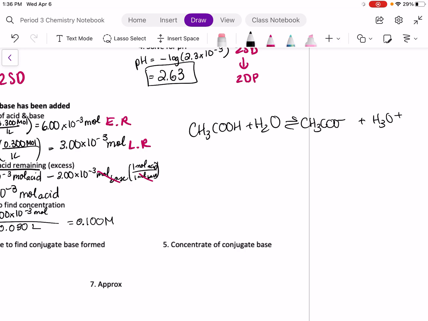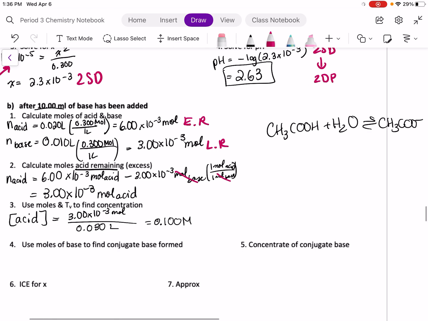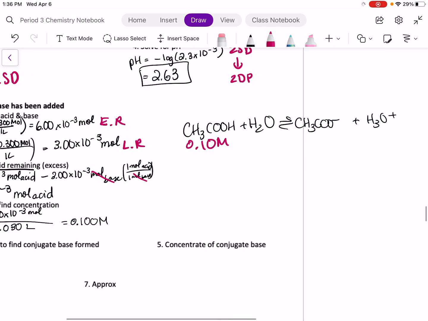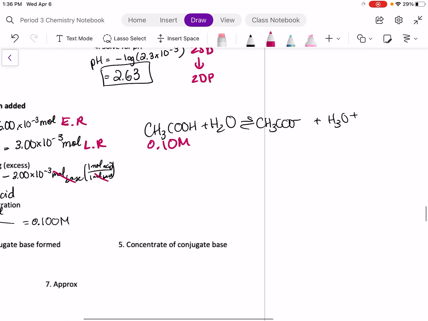So we have a concentration of this, which is our new amount of 0.1, but since we added base, we also contributed to a new concentration of our conjugate base.